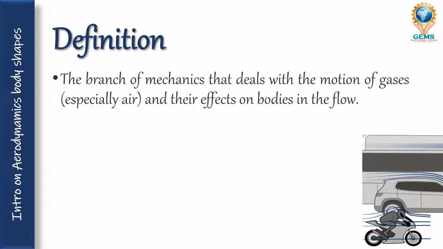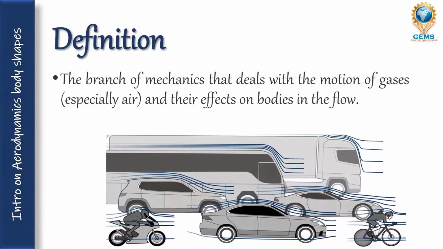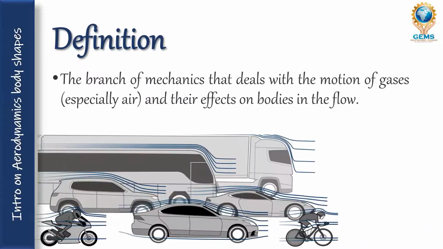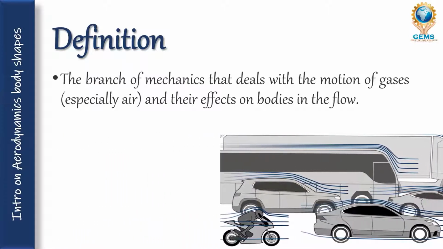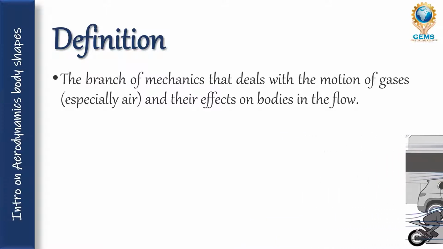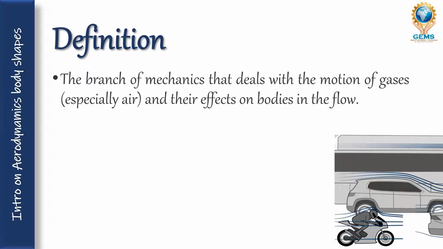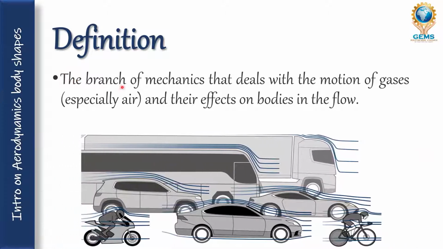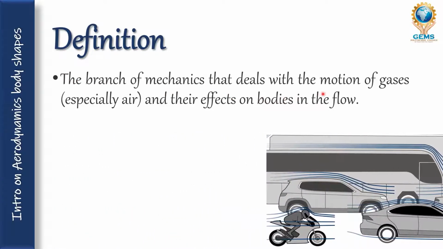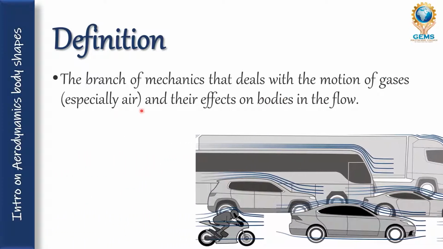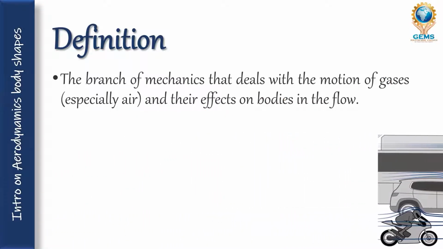When the vehicle is moving, it is affected by the flow, and this is called aerodynamics. Again, I am telling you: the branch of mechanics that deals with the motion of gases, especially air, and their effects on bodies in the flow.